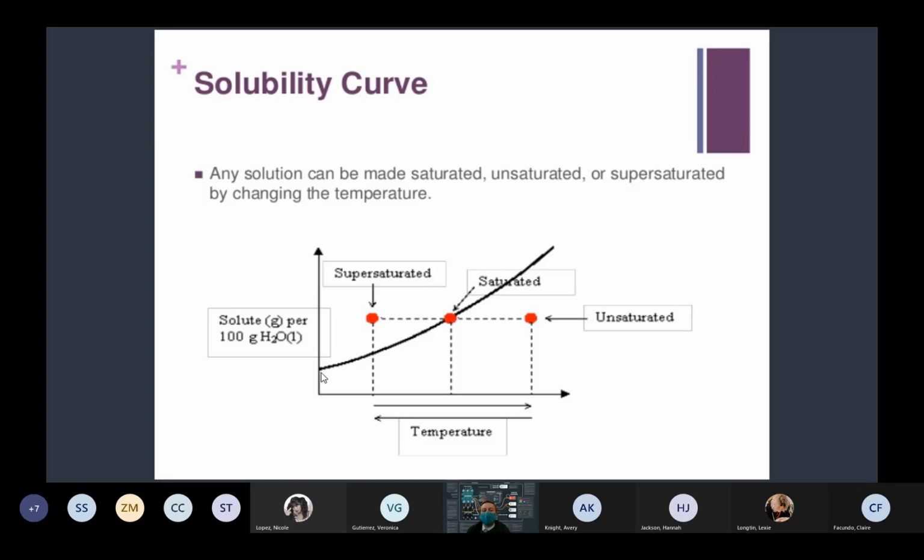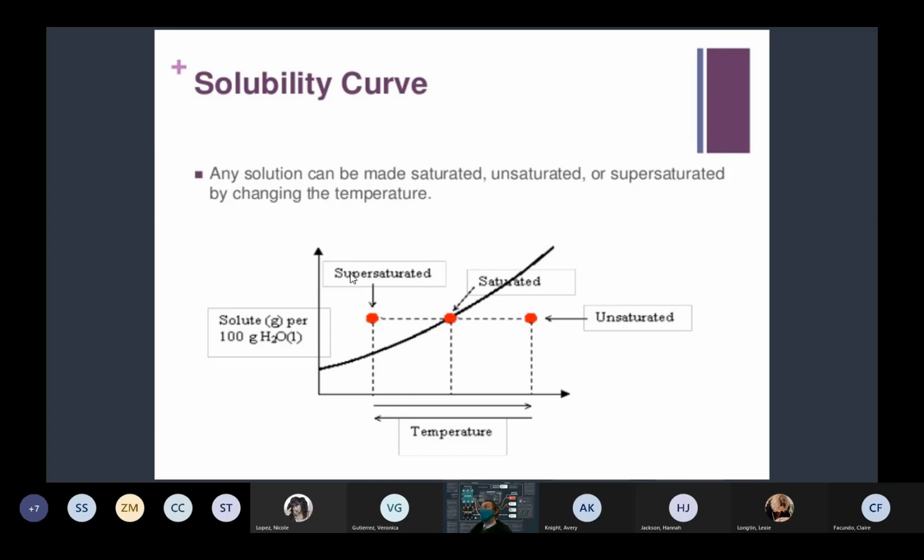So at lower temperatures, if this is salt water, for example, we can hold less salt. At higher temperatures, we could hold more salt in our water. Everything below the curve can also exist. You can always have less salt than the maximum. We just call it an unsaturated solution. Everything above the curve is a supersaturated solution. You saw in the video what happens with a supersaturated solution.